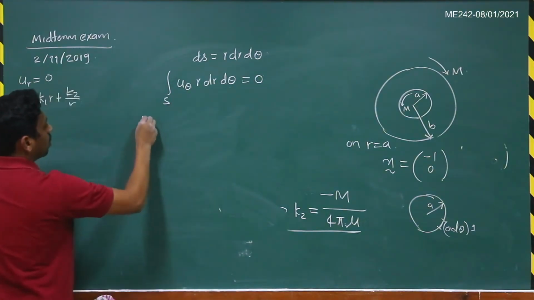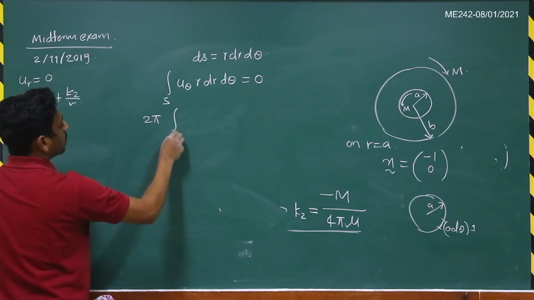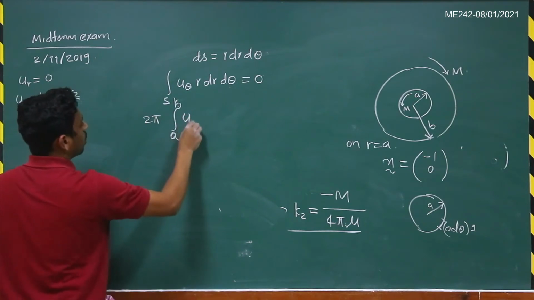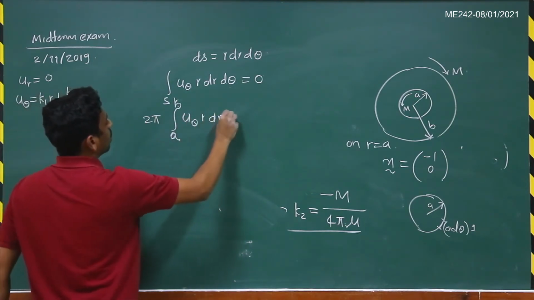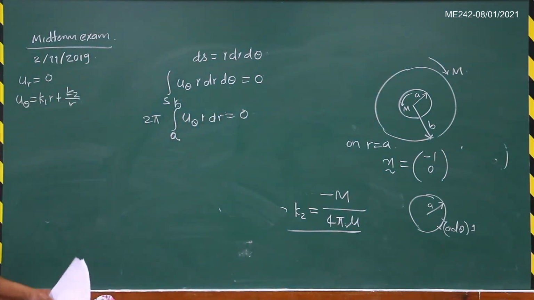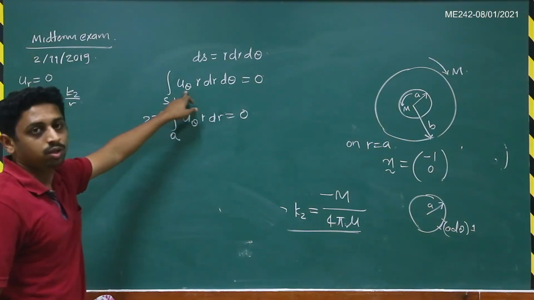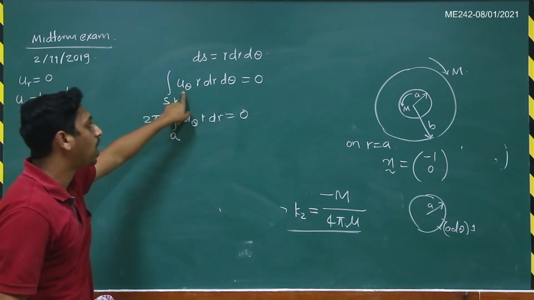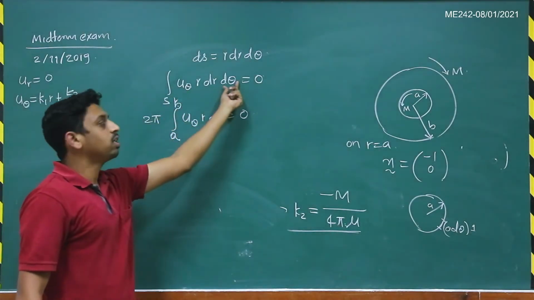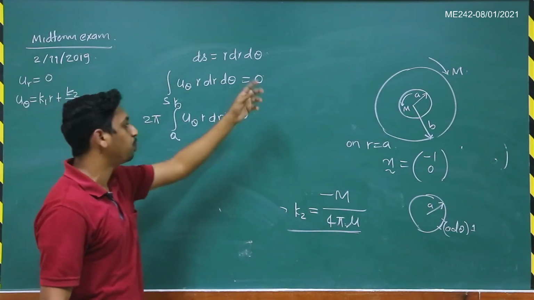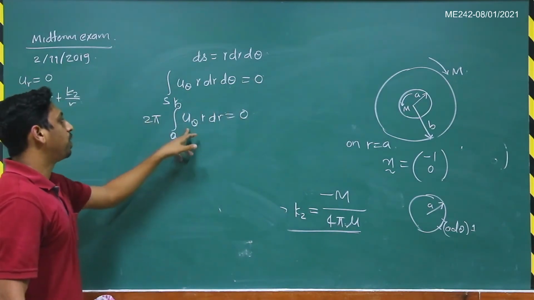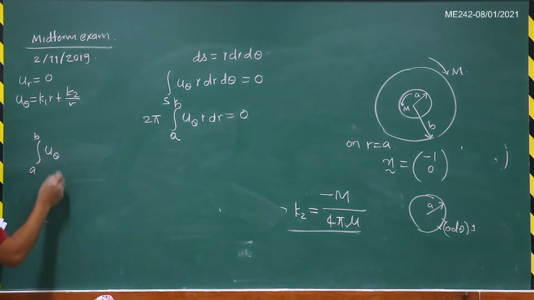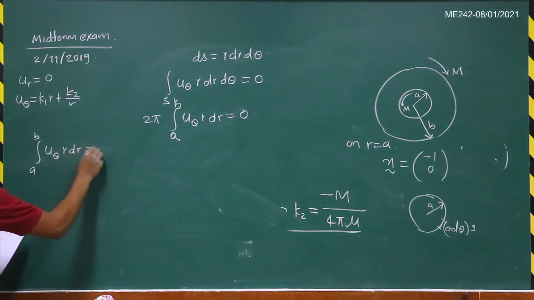It is a function of r alone. So integration over d theta, running from 0 to 2 pi, this 2 pi can be taken out, and we have the integration from a to b of u theta r dr equals 0.